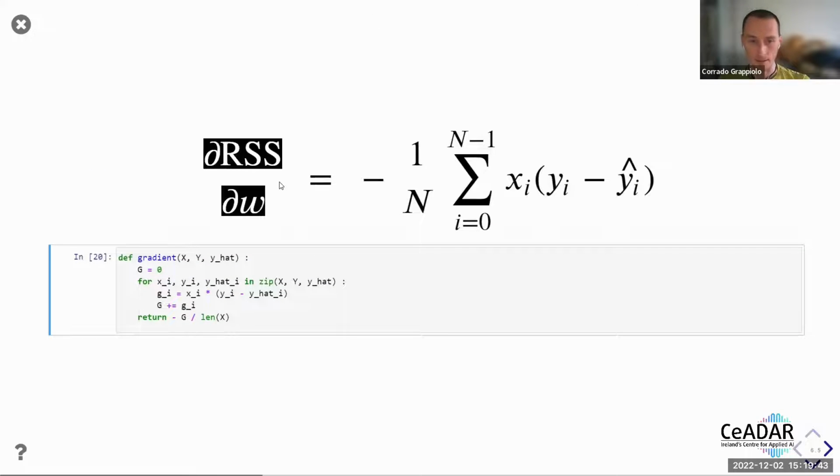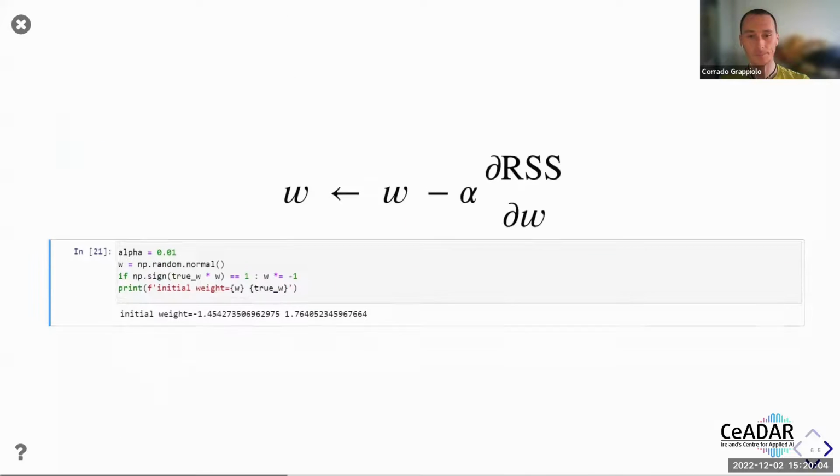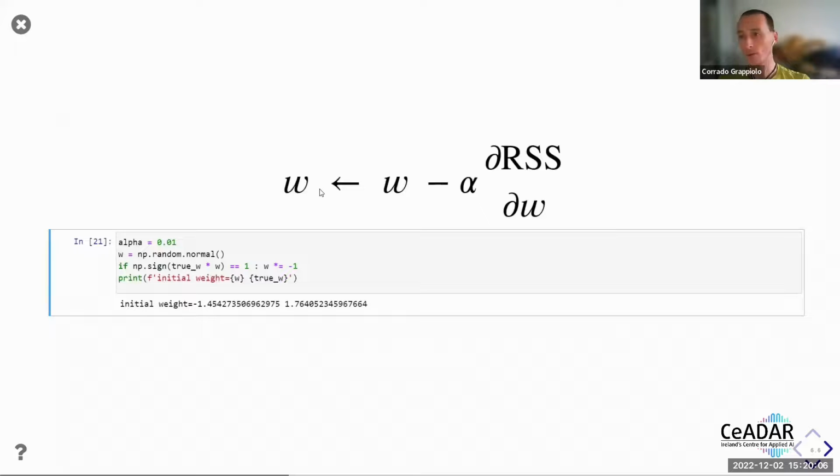And again, I don't know why, but the fraction line is not being shown. This is how we calculate the derivative of the loss function with respect to the weights, so that we can move along the parameter space axis. And this is the derivative of the function that you saw before, the residual square error. The update that we do, those incremental steps that I explained before, are the following.